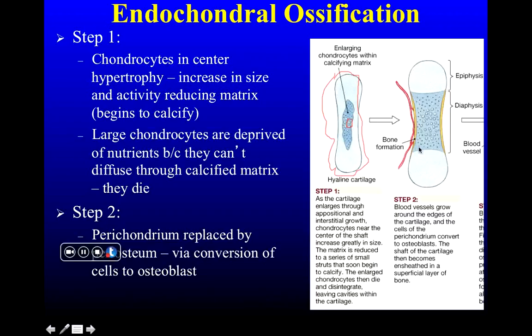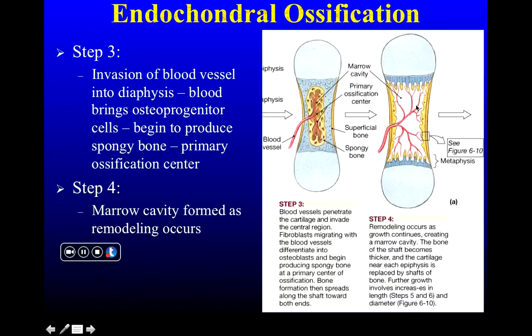So on step 2, you have the blood vessels being attracted here, and you're starting to form the periosteum and some bone. Originally you were surrounded by the perichondrium, right? Remember that? The connective tissue layer that surrounds cartilage. That's still here. But now it's being converted to the periosteum via the conversion to osteoblasts.